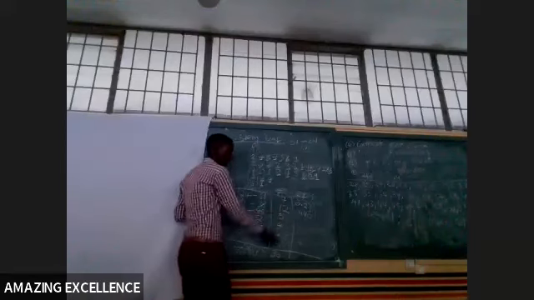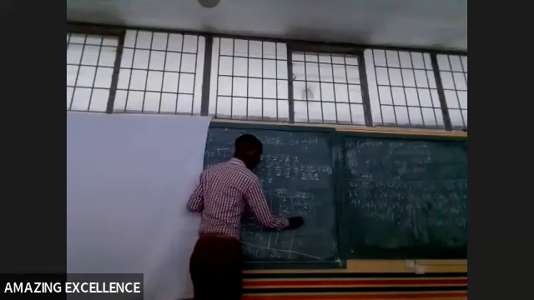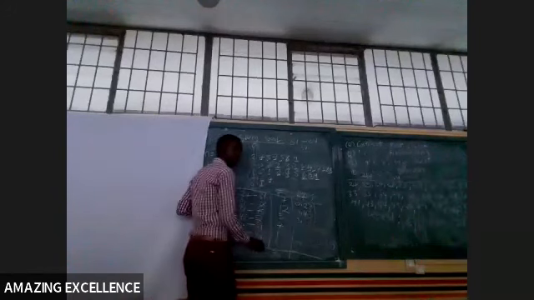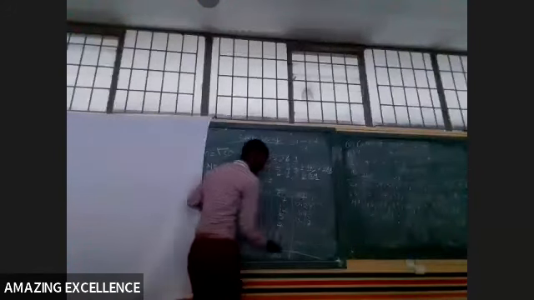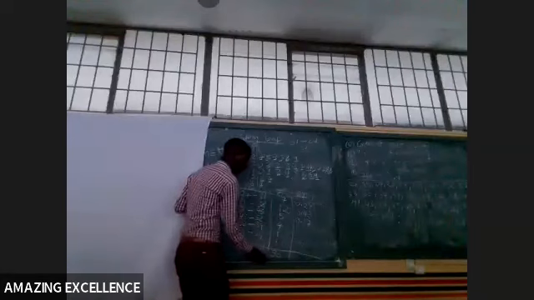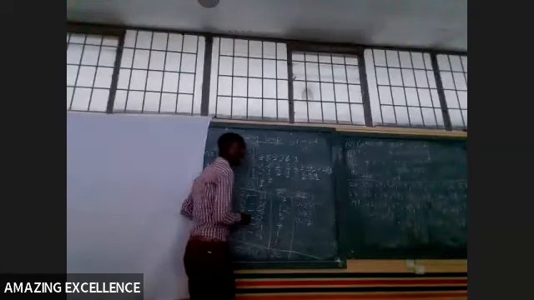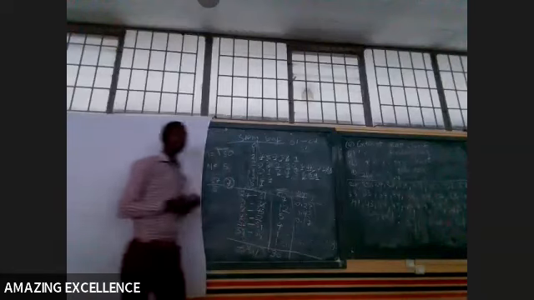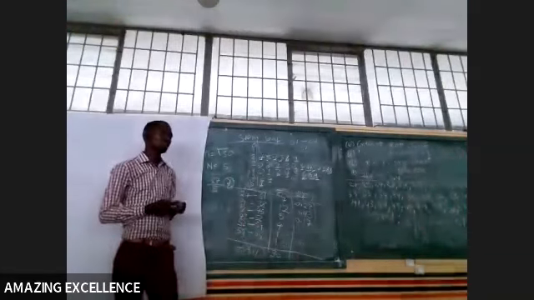What about 5 divided by 30? 0.17. What about 4 divided by 30? I'm sure you're connecting now. Are you able to connect?